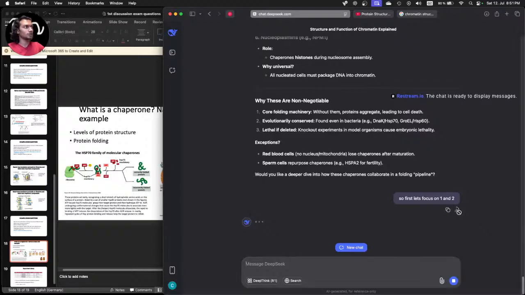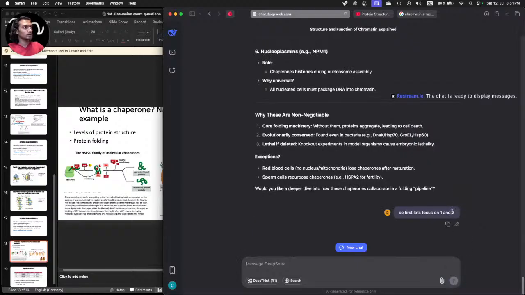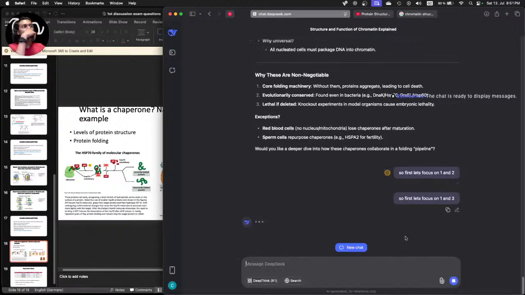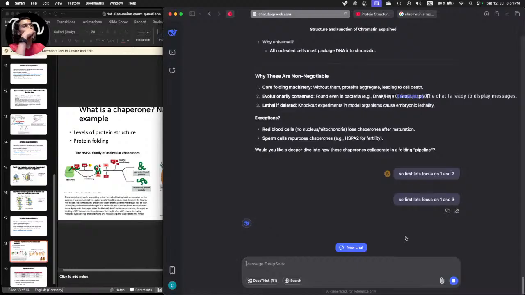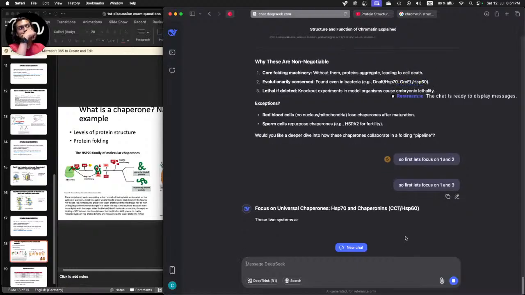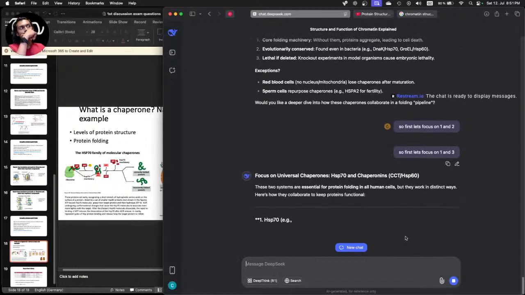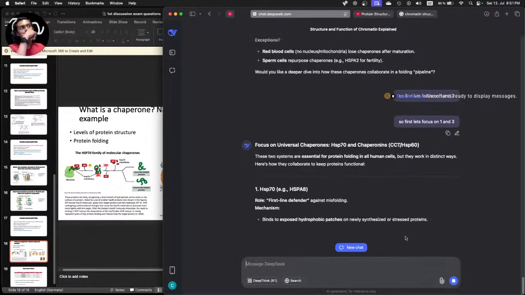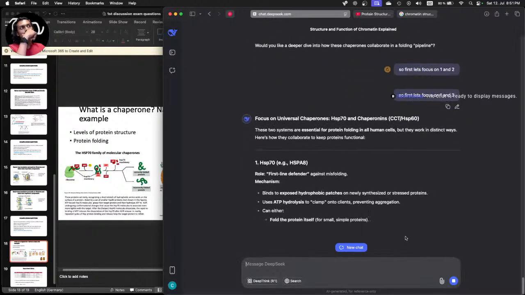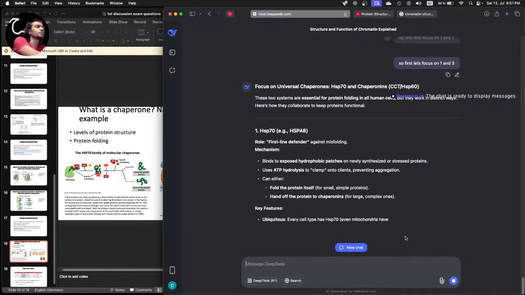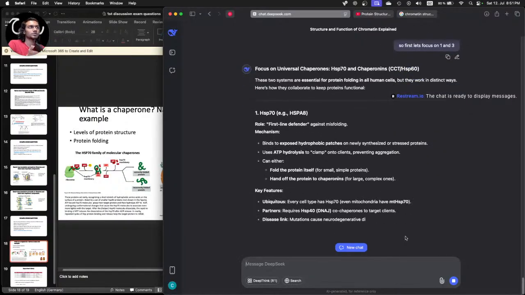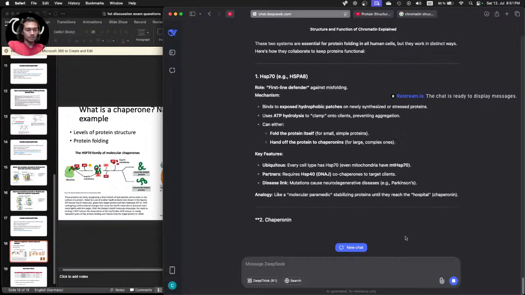First line defender against misfolding mechanisms. Binds to the exposed.